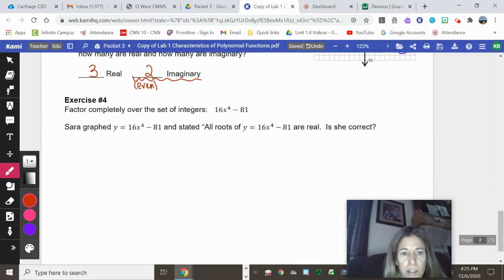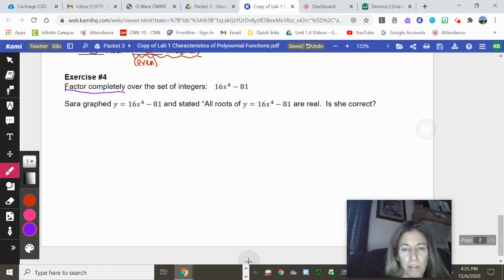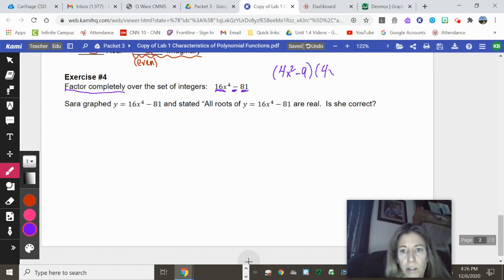One last question. We've already learned how to factor. It says factor completely, and that usually indicates that we can factor more than once. I notice this is a difference of 2 perfect squares. So I'm going to first break it into 4x squared minus 9 and 4x squared plus 9.